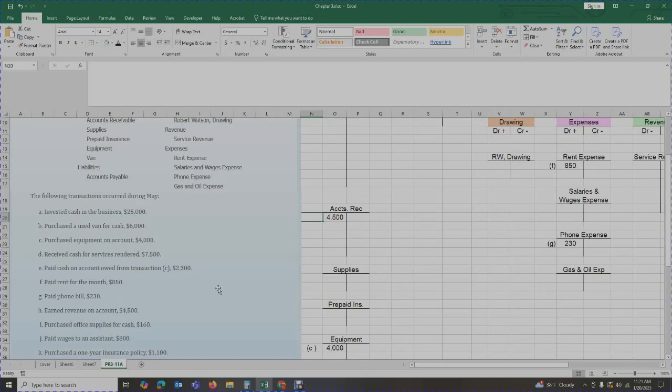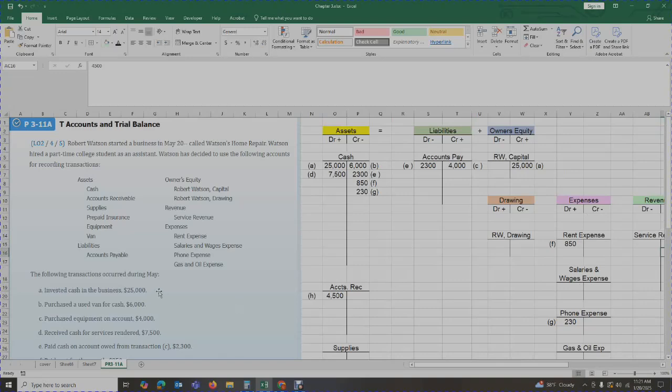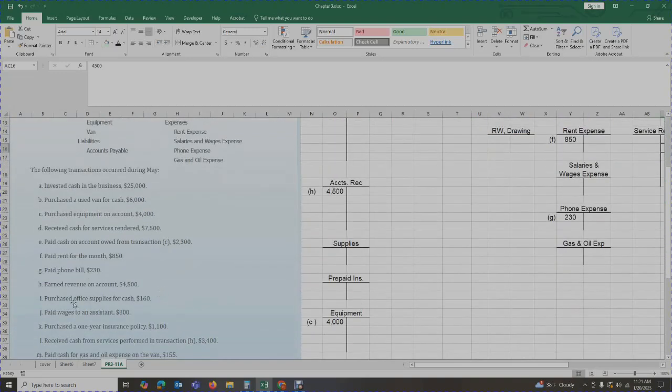Letter H. So many transactions, okay? So I've got a debit to my accounts receivable of 4,500. I've got a credit to service revenue for 4,500. So my debits and my credits equal, okay? That is letter H.